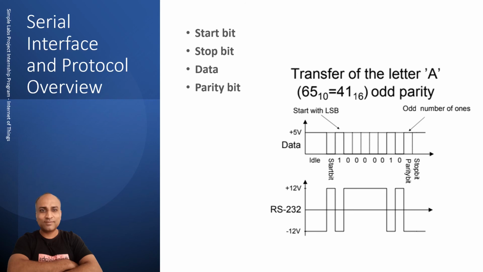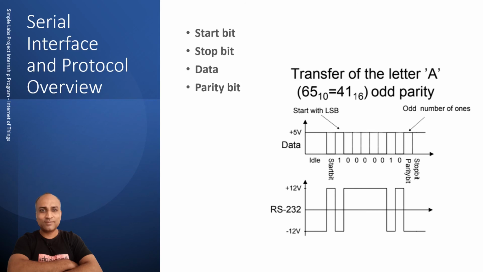Now, parity bit. What is a parity bit? The parity bit is used for data security, or let's say error prevention. In this case, we are using a single line for communication. What if one of the ones gets missed? How do we know if one is missed or not? So there are concepts of odd parity and even parity, which is again defined depending upon the protocol.